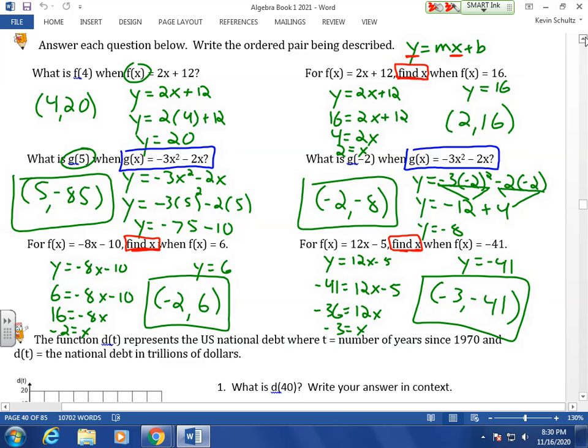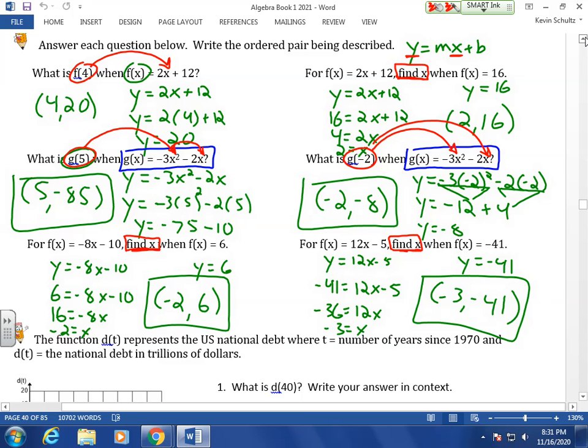Okay, and then for these other ones, what is the value of the function when x is 4? Our input is 4. Input 4 for x. Input 5 for x. Input negative 2 for x. And what output do we get?